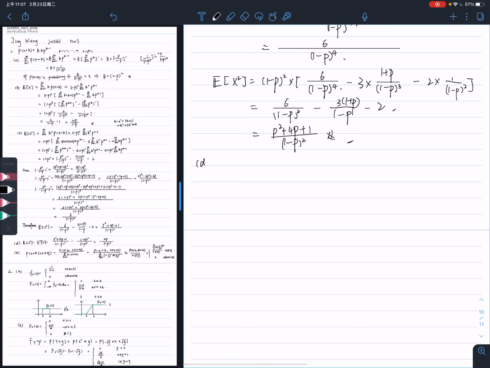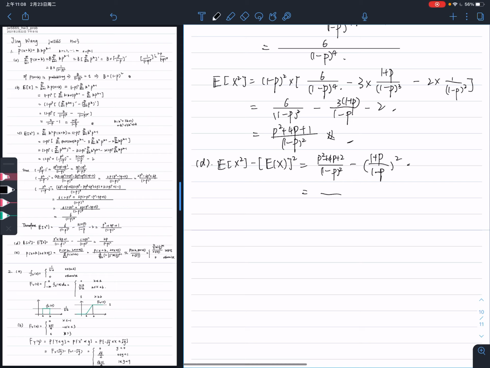So in part D, we want the variance of X, so it is equal to the expectation of the square of the random variable minus the square of the expectation of the random variable. So it is equal to (p^2 + 4p + 1) over (1-p)^2 minus (1+p)... over (1-p)^2.